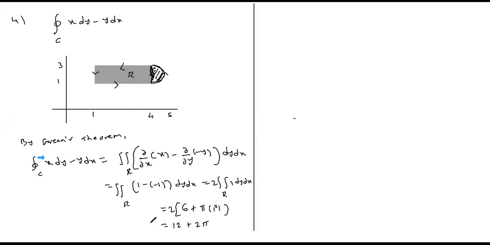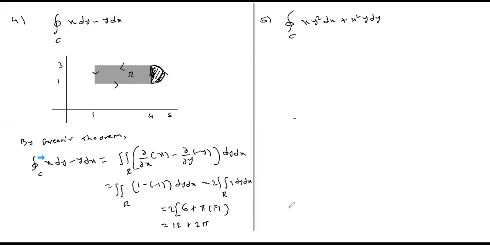So that is how we get the answer. So last one, what is our last one? Integral over C of xy square dx plus x square y dy.